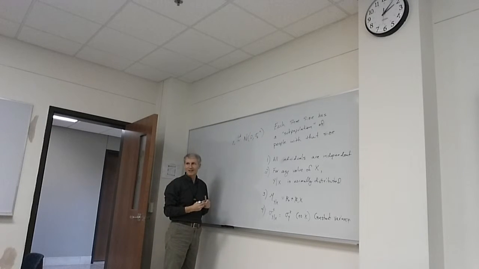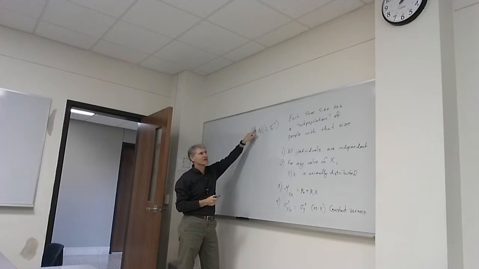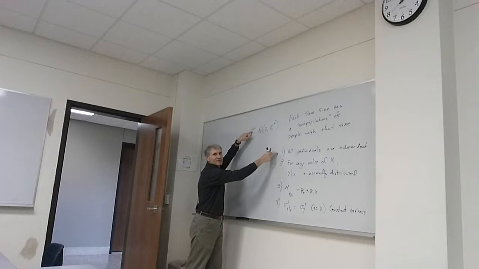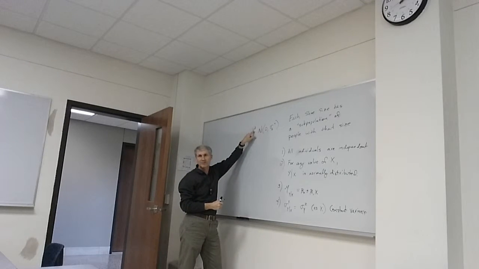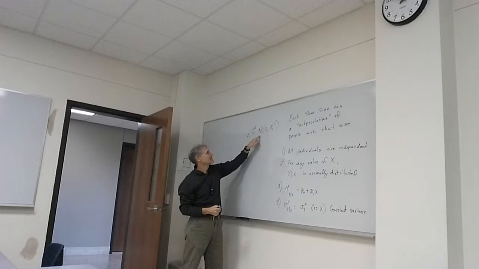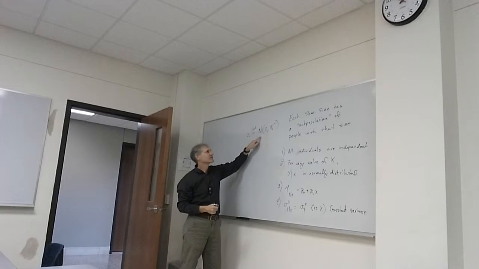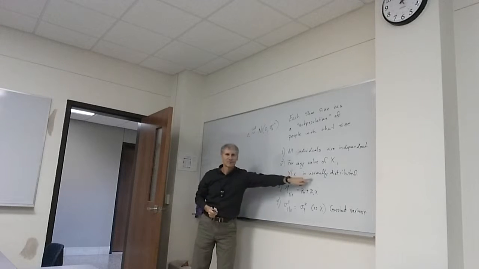Okay, whoa, what? IID stands for independent, identically distributed. So they all have the same distribution. And this says what that distribution is. So what do you think N stands for? Normal.